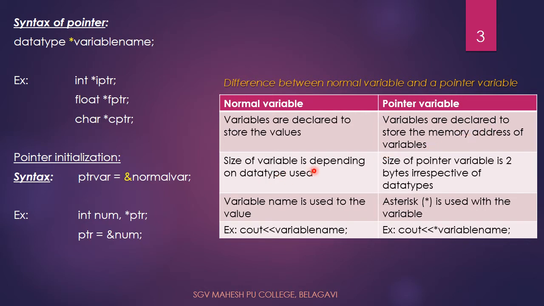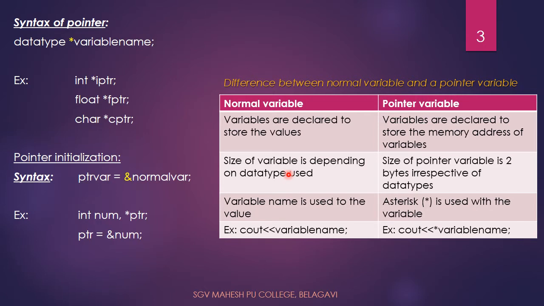The size of a normal variable depends upon which data type we are using in a program, but when comparing to a pointer variable, irrespective of data type, whether it is integer or character or float or double, you are allocating 2 bytes of memory only for pointers.